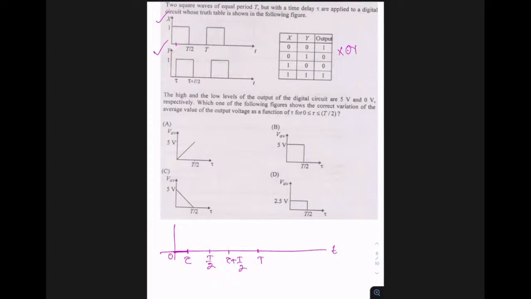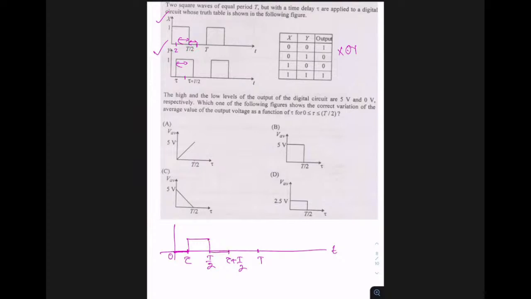Between tau to T by 2, this is your 1 and T by 2 will come somewhere here. So in this segment, 1 and 1, if they're XNORed, you'll get 1. Then between T by 2 to tau plus T by 2, this segment is 0 and this is 1, so 0 XNOR 1 will be 0.